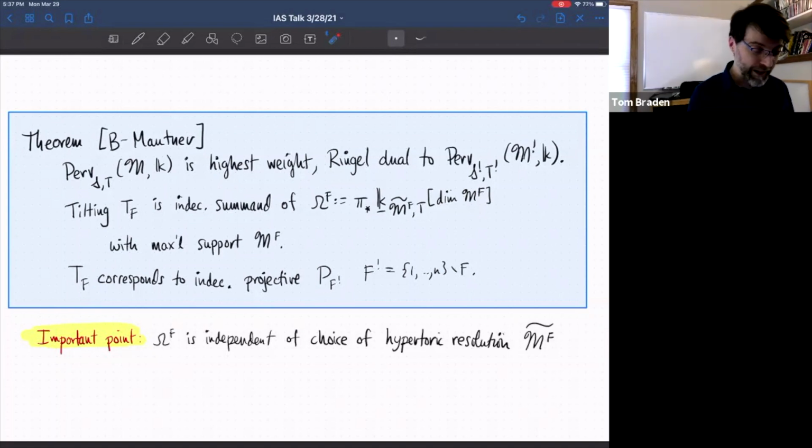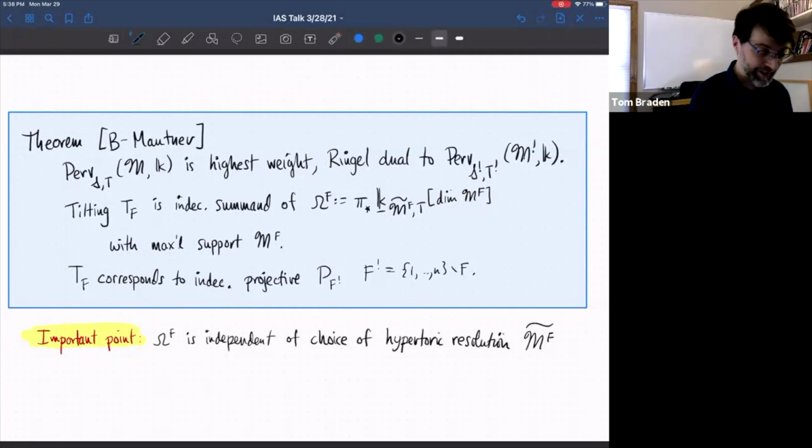So one thing I want to emphasize here that I'll say more about toward the end is that this resolution sheaf is actually independent up to isomorphism of the choice of resolution. Now the resolution depended on a GIT parameter, and there are chambers of the GIT parameters, and unlike in the flag variety situation, the chambers are not all the same.